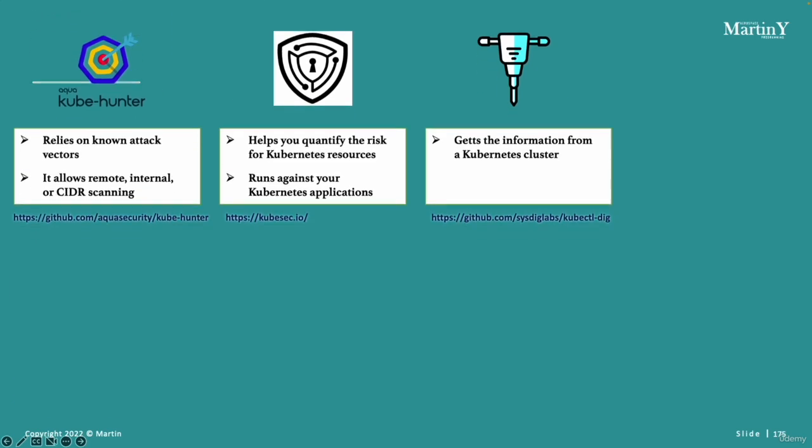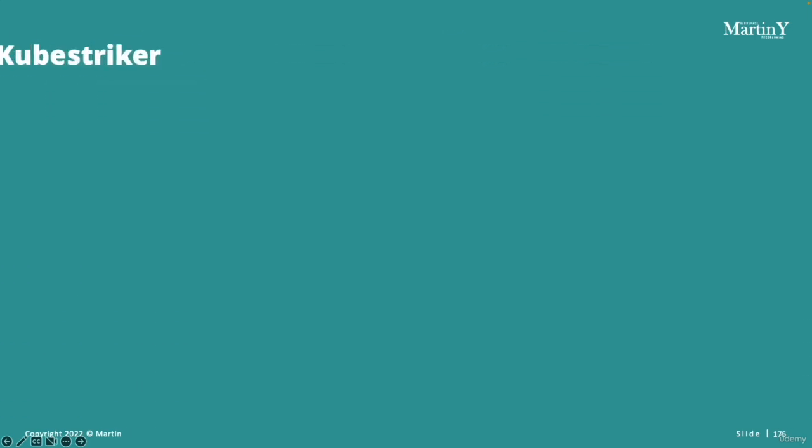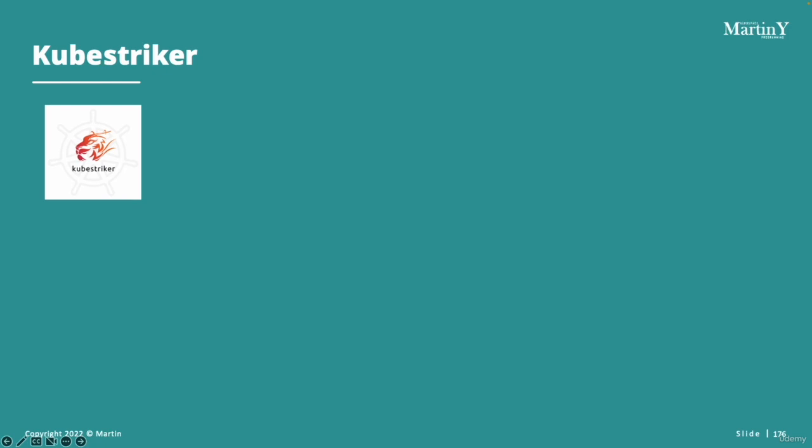So let's actually look at one of the most used security tools for Kubernetes, and this is Kubestriker. This tool is created to tackle the key Kubernetes security issues due to misconfigurations, and really helps you to strengthen the overall IT infrastructure of any organization.